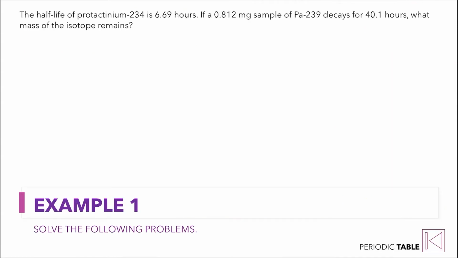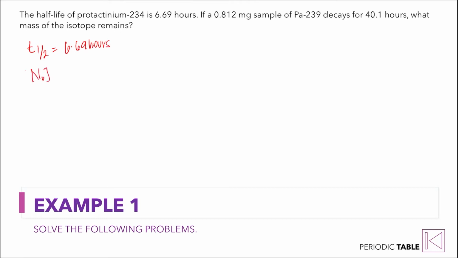So, let's do sample problems. Example number 1. So, the half-life of protactinium-234 is 6.69 hours. So, sulat na natin agad. So, T1 half is equal to 6.69 hours. If a 0.812 milligram sample of protactinium-234 decays for 40.1 hours, so binigyan tayo dito ng initial amount.